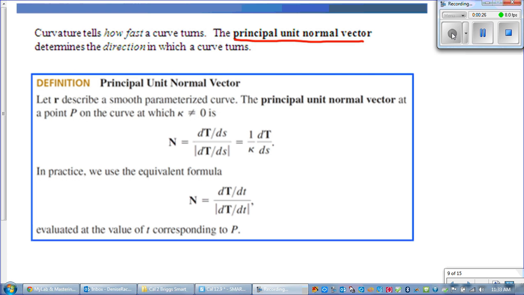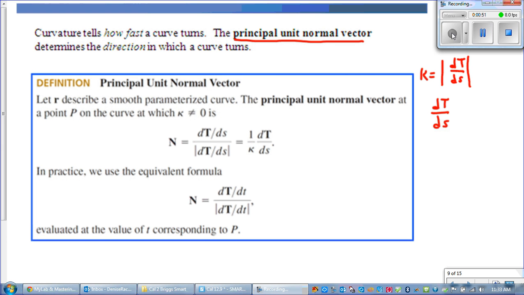Now remember when we found the curvature, curvature was the magnitude of the change in the tangent vector relative to the arc length. So now to determine the change in direction, we'll just focus on dT/ds and see how it changes direction.